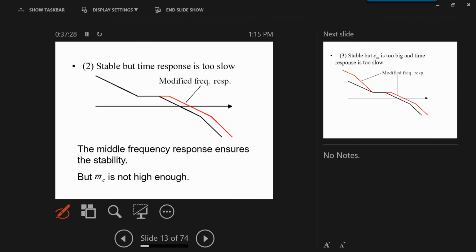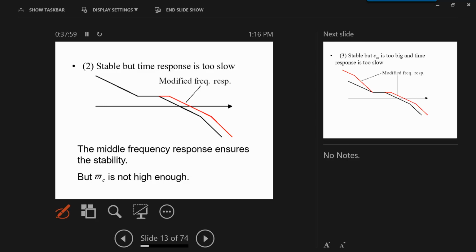So in order to make the system faster, we need to decrease the rise time, i.e. we need to increase the natural frequency, and correspondingly, we need to increase the bandwidth frequency.